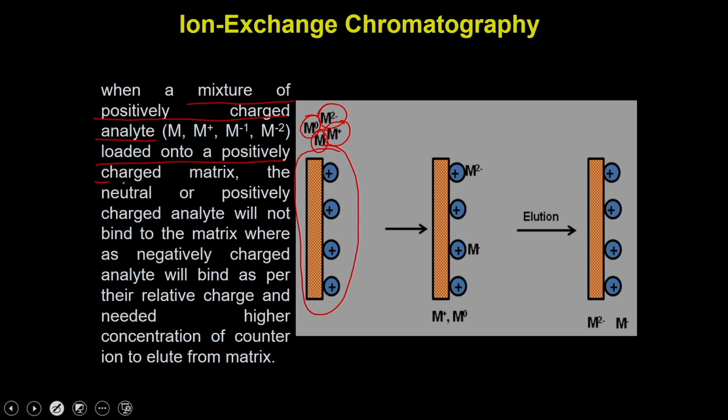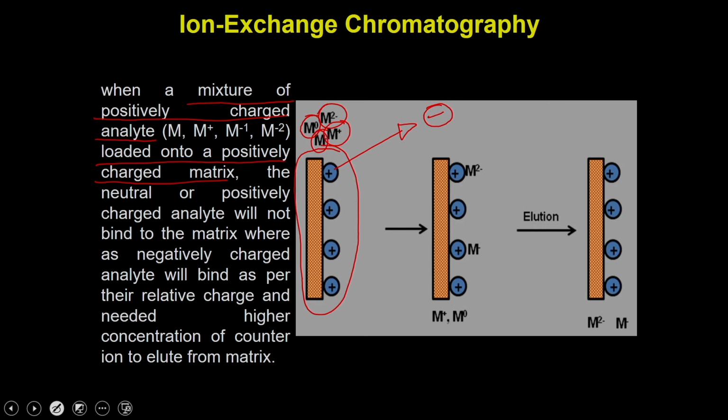which means this positively charged matrix is going to have the affinity for a negatively charged group. As soon as you flow these 4 molecules, you can see that you have the M2 minus, M minus and M0. M0 means the protein which does not have a charge, it is a neutral protein. M plus means it is a protein which has the basic charges, and then M minus 1 or M2 minus is having the negative charges.